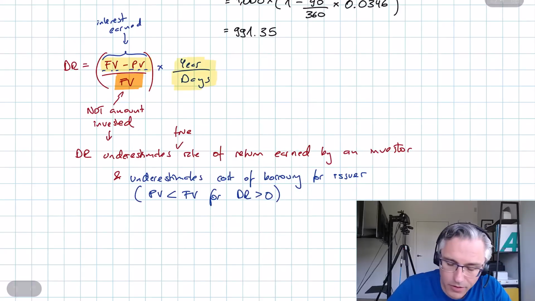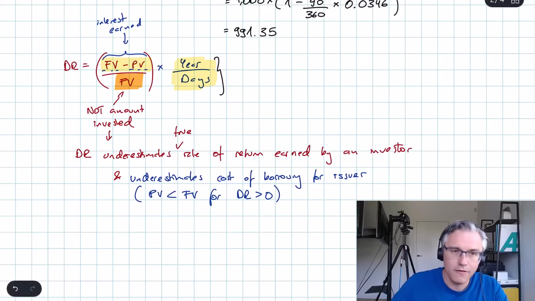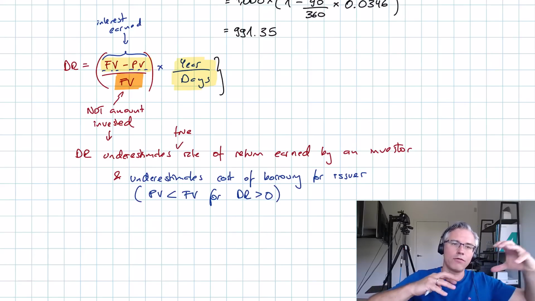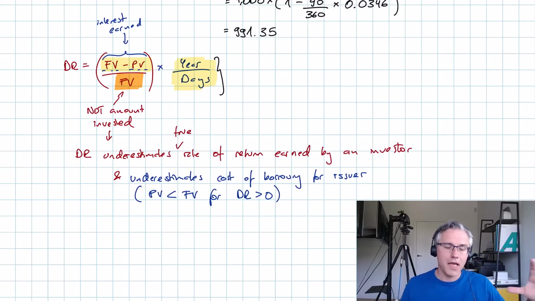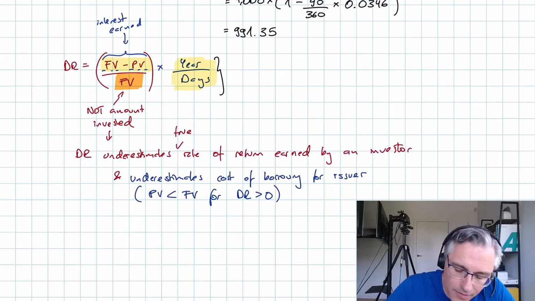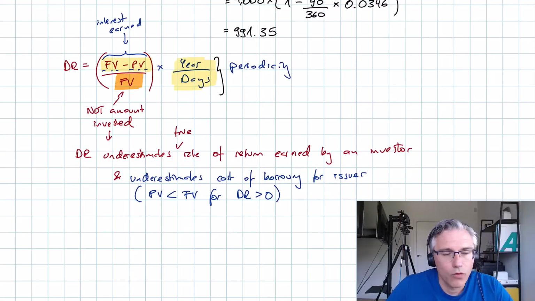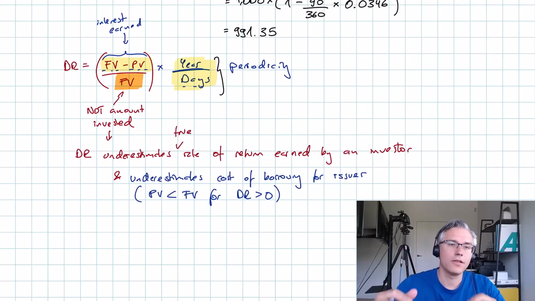Now, the second point is this scaling factor over here, year divided by days. This is effectively how we extrapolate to a full year, how we annualize. This is effectively our periodicity. What is the relationship between the full year and the number of days in the investment? If it's 360 days in the year and a 90-day investment, 90 over 360, then we multiply by a factor of 4.